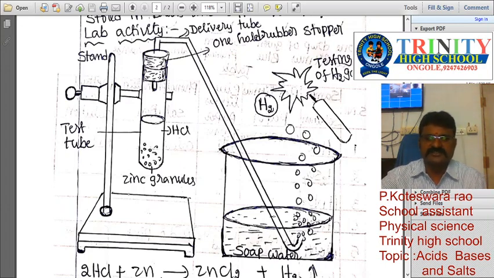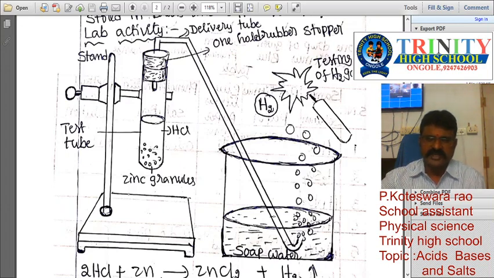First of all, this is the test tube. This is the stand. This is the delivery tube. This is a one-hole rubber stopper, or one-hole rubber cork. Next, this is a glass beaker.